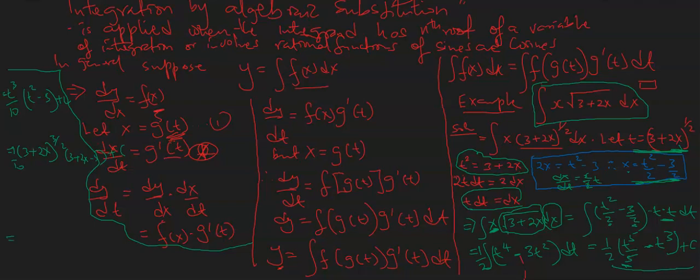And the final answer, we can say it's 1 over 10 times 3 plus 2x raised to power 3 over 2 times 2x minus 2 plus c. And that is what we call integration by algebraic substitution.